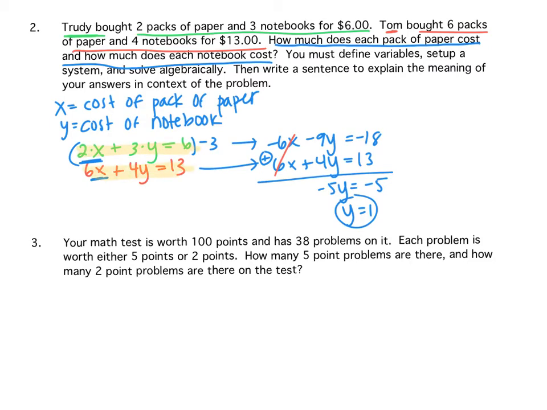I'm going to decide to use the green equation. So I get 2x plus 3 times y is equal to 6. If I subtract the 3, I get 2x equals 3. So my x is equal to 3 over 2, or 1.5.